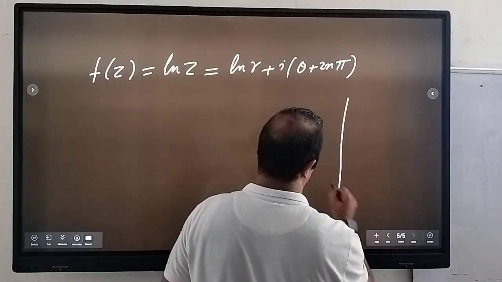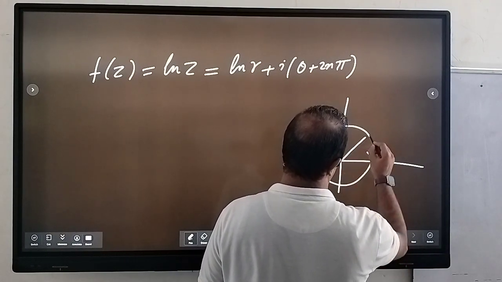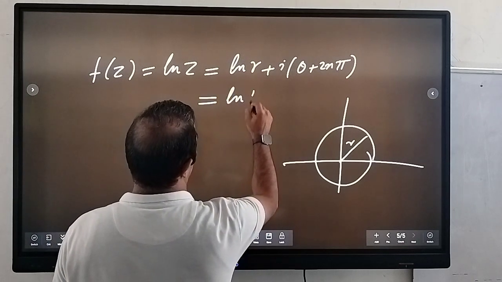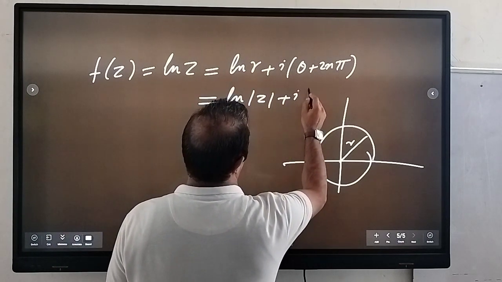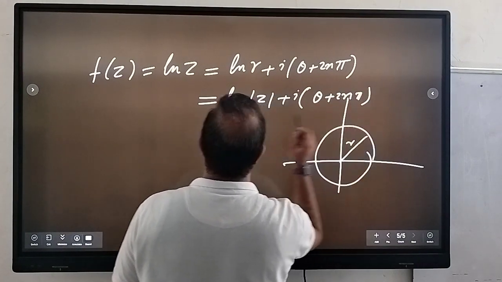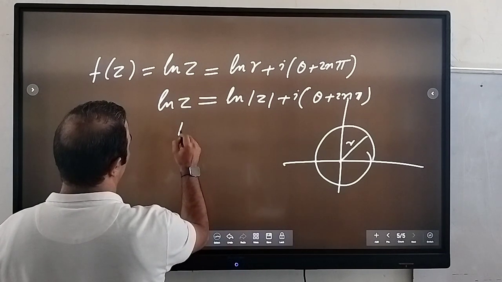So if we have this unit circle, this is r, or basically mod of z. So this is ln of r plus iota into theta plus 2n pi. Right, so this is our natural log of z.